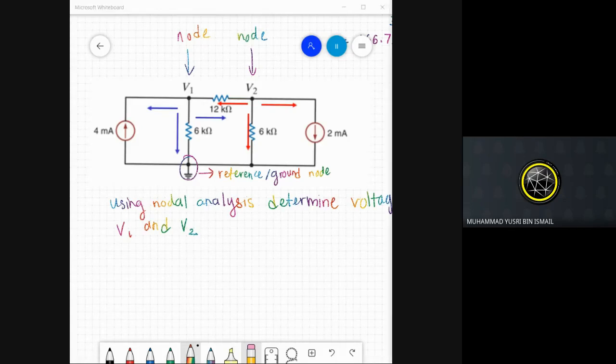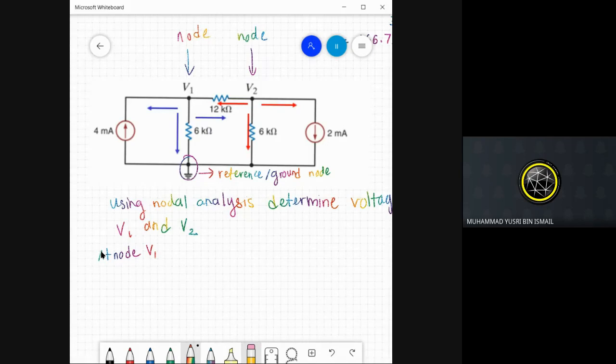So, at node V1, you have a current flowing opposite direction to our assumption.